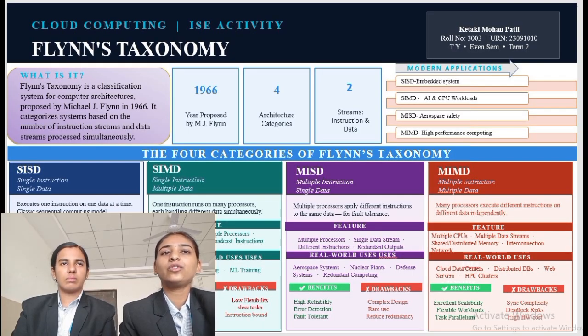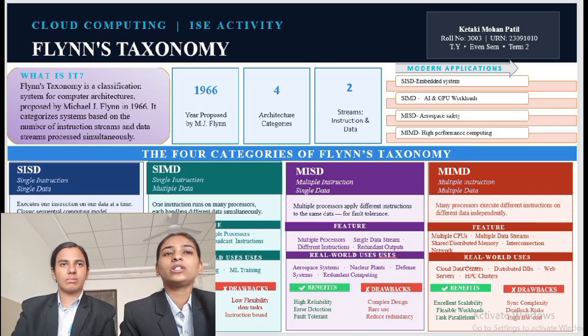So basically, Flynn's taxonomy has the main 4 categories: SISD, that is single instruction, single data, which is a very basic system. Here only one instruction is executed on only one data atom at a time, like solving a problem through a calculator, where we solve only one mathematical operation at one time.